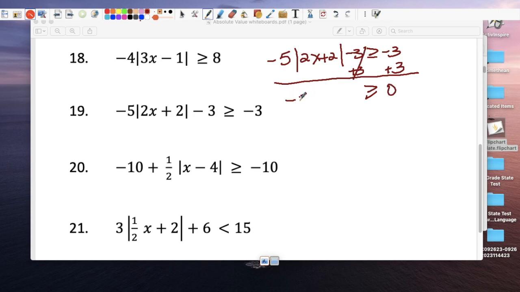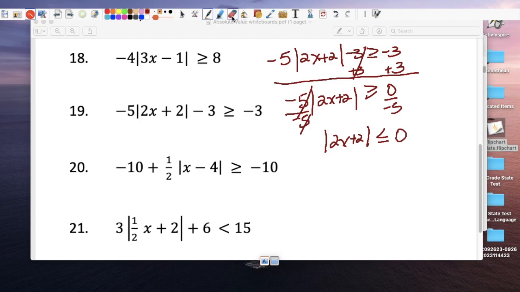Then we get -5 times the absolute value of 2x plus 2. How do I get rid of the -5? I divide by -5, and then divide the other side by -5. Now notice we're dividing by a negative, so the absolute value of 2x plus 2 is what's going to be left over, because this simplifies to 1, but we have to flip the sign. So this is what I'm going to be working with.